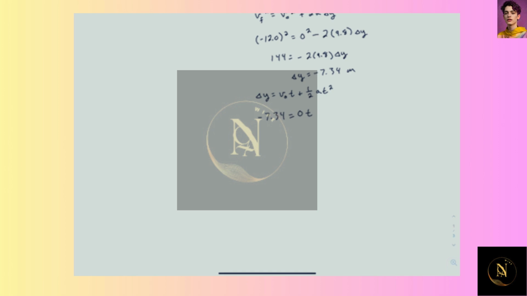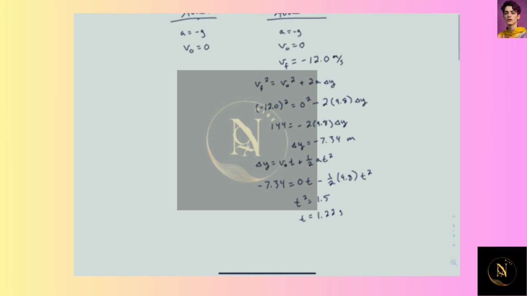And now we have minus 1/2 times 9.8 times t squared. And so if we solve for t, t squared is about 1.5. So t is 1.22 seconds.